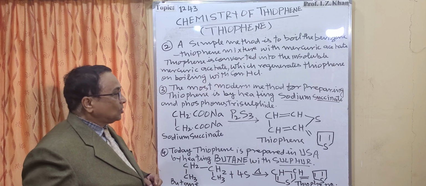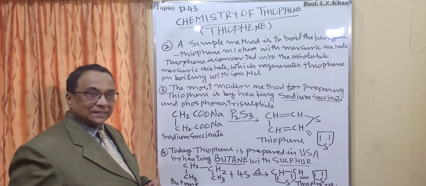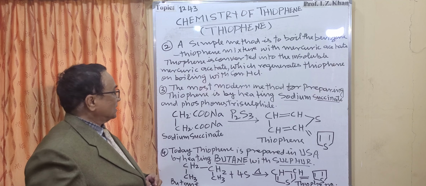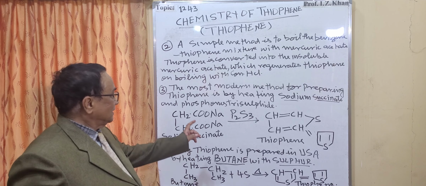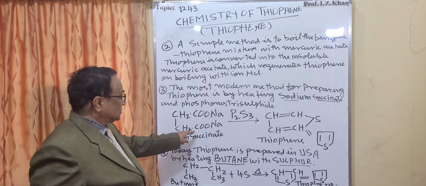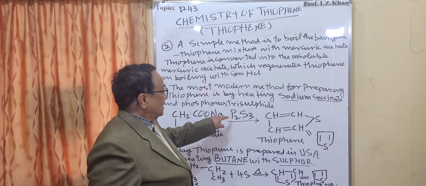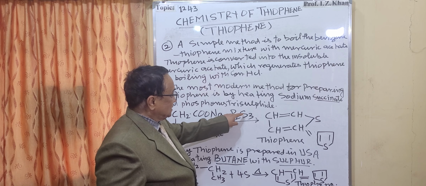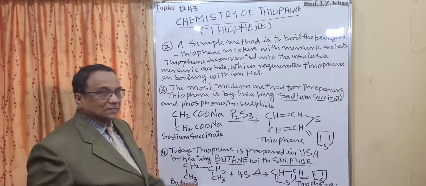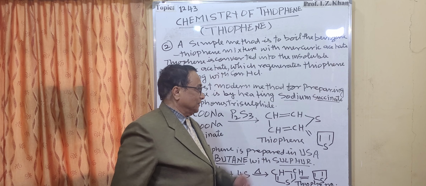Number three, the most modern method for preparing thiophene is by heating sodium succinate and phosphorus sulfide, P2S3. When sodium succinate is heated with the phosphorus sulfide, it is converted into thiophene.